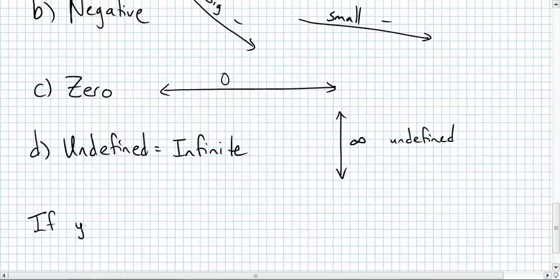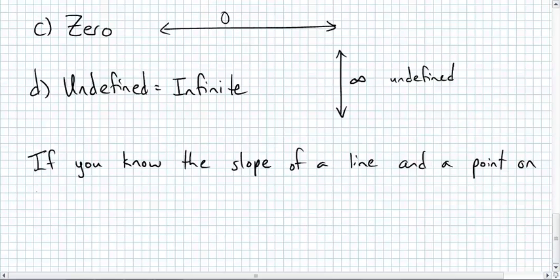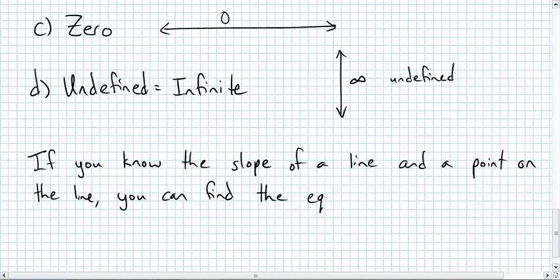Now, if you know the slope of a line, and a point on the line, you can find the equation for the line, using something that's called point-slope form.